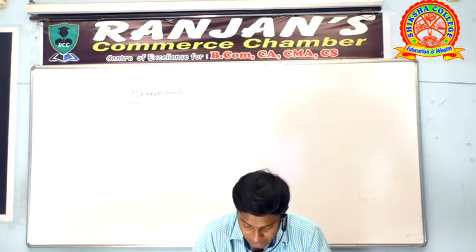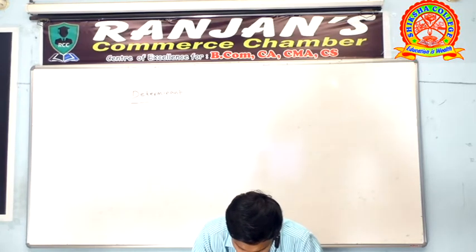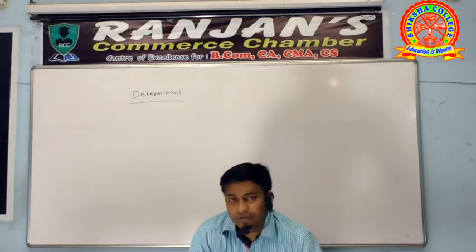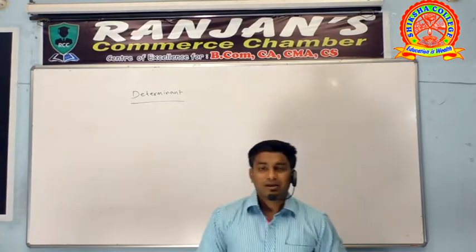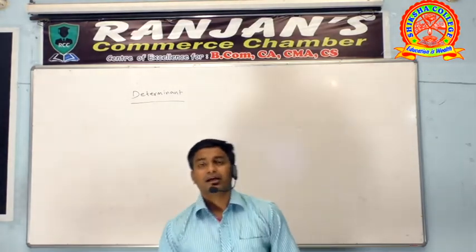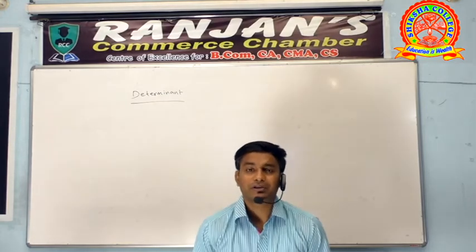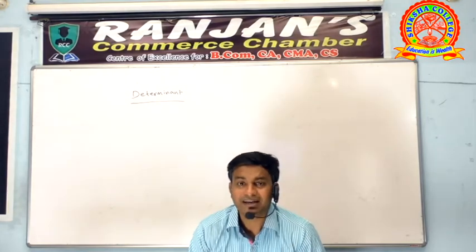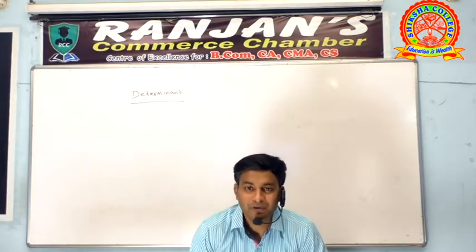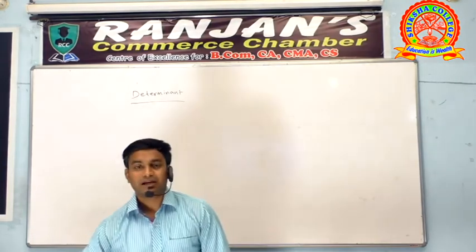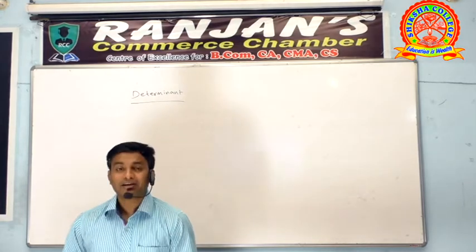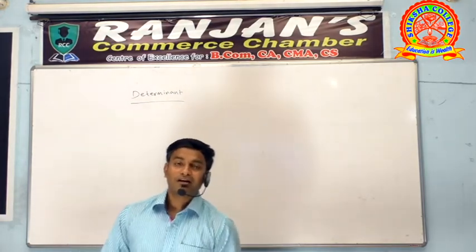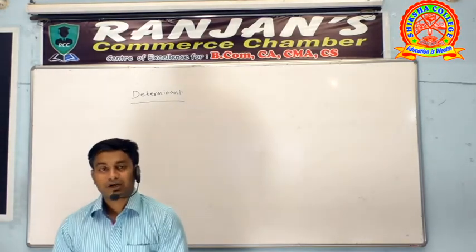Okay, students, see, before moving towards minor and cofactor, here I want to elaborate how to find the determinant. We can find the determinant, and then only can we go for minor and cofactor.